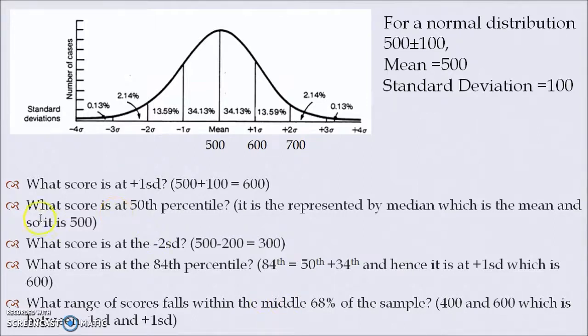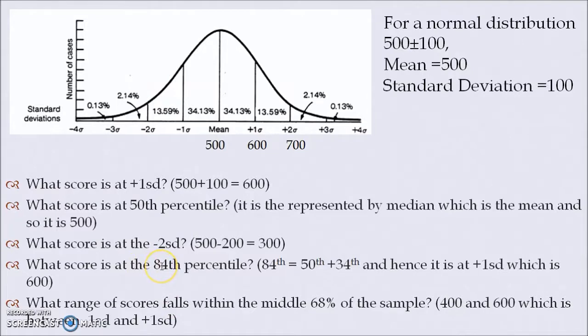Now, another thing, what is the score at the 50th percentile? Remember, in a normal distribution, your mean, median, and mode are at the same point. So the 50th percentile is basically where your mean falls. So that is 500.